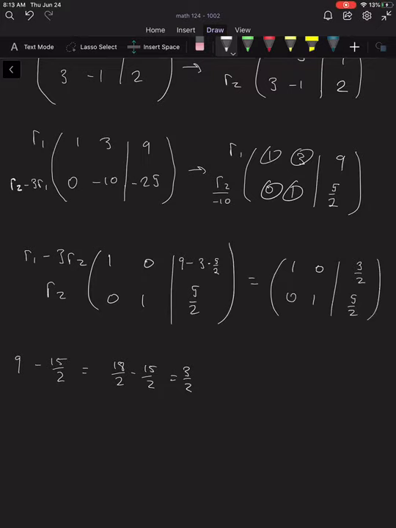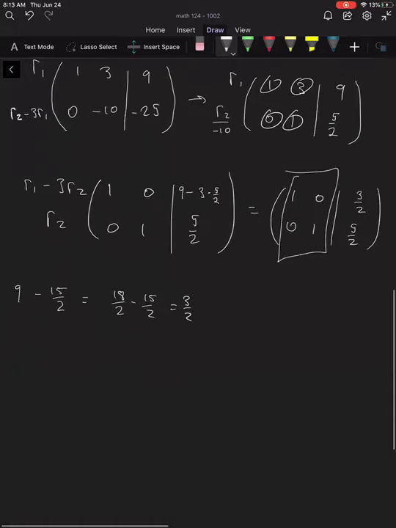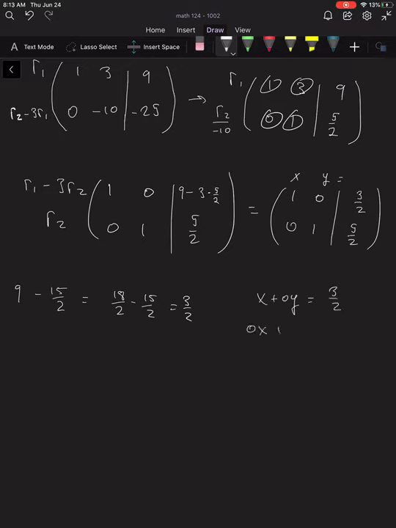Okay, so why does this mean that we're done now? We said before that all we wanted is to have 1, 0, 0, 1 over here, and then just 2 numbers over here. But remember, if we want to turn this back into equations, here's our x column, here's our y column, here's our equal sign. So what this means is we have 1x plus 0y is equal to 3 over 2. And then the next row, 0x plus 1y is equal to 5 over 2.